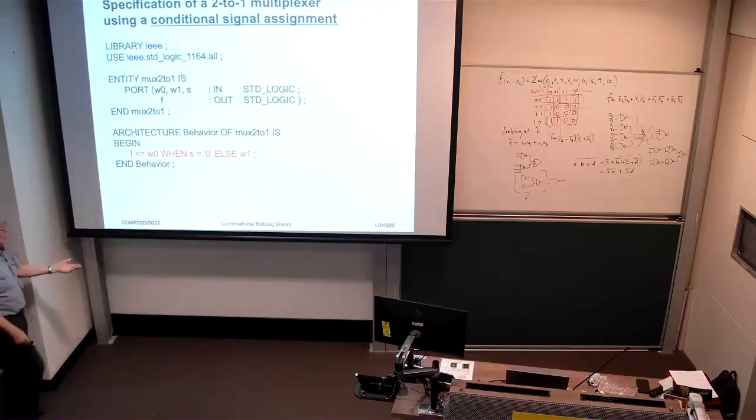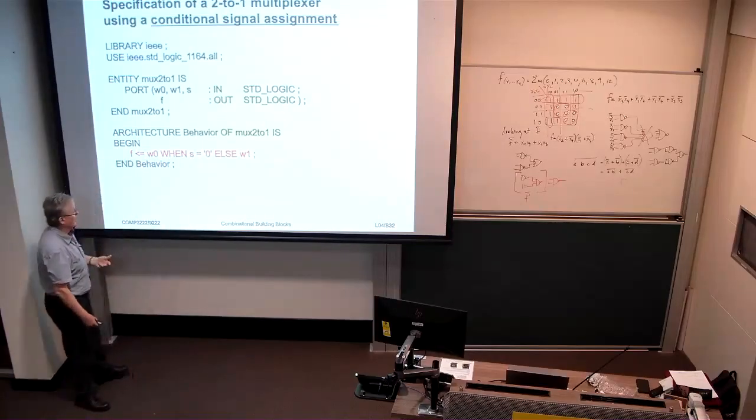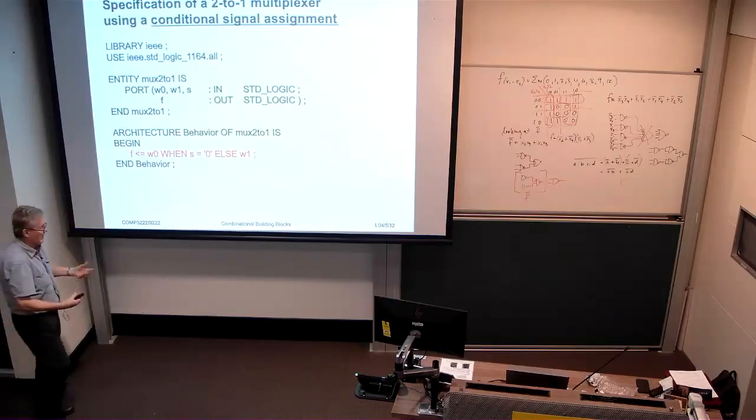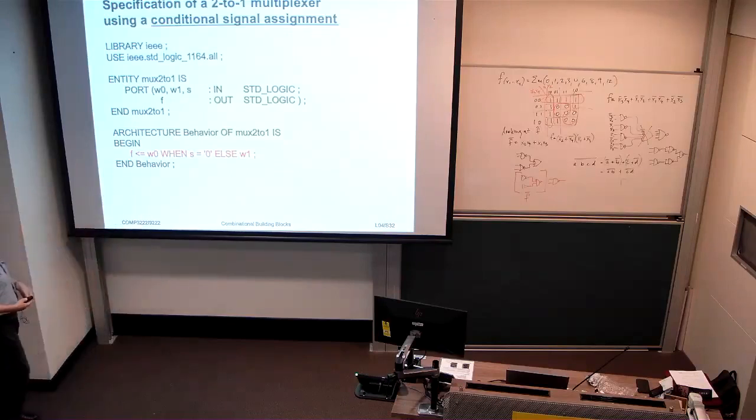However, there is another way that you could describe a mux, and that's with the so-called conditional signal assignment statement, which in this case is even less wordy, I guess, than the previous version. Assign to F W0 when S is 0, otherwise assign W1 to F. Has the same semantic meaning.